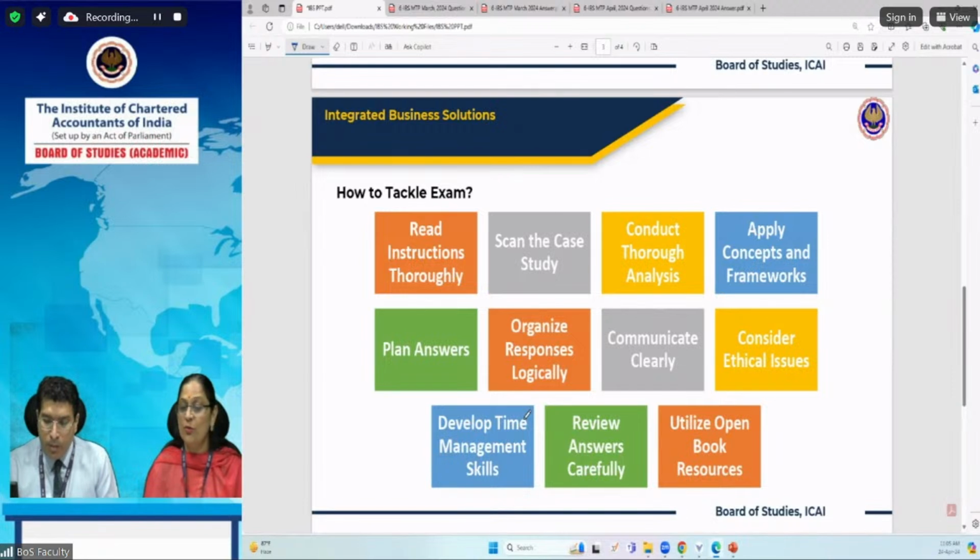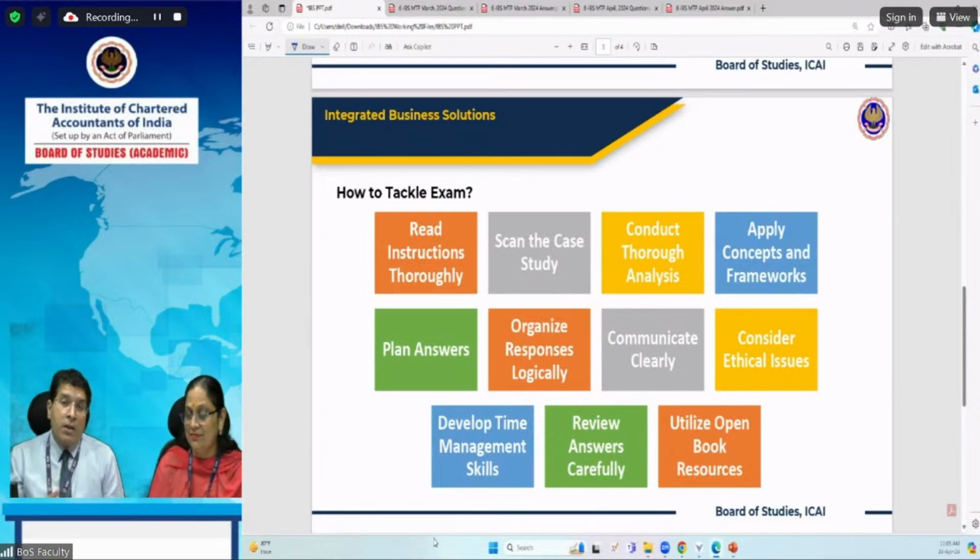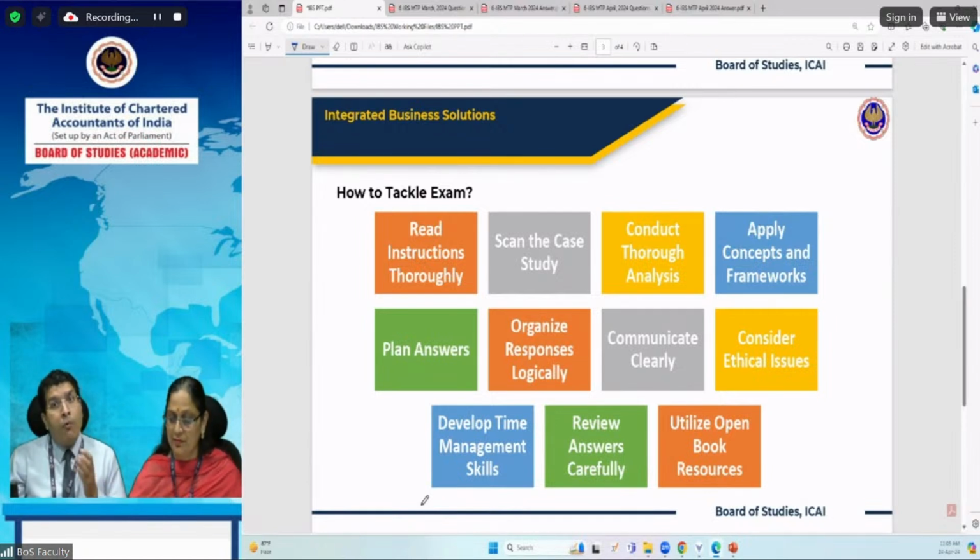We will practice these tips in the mock test paper. After scanning, the next step is a thorough analysis of each case.